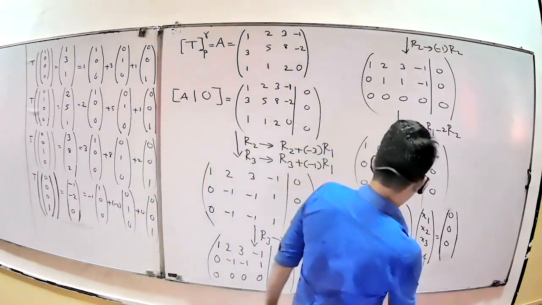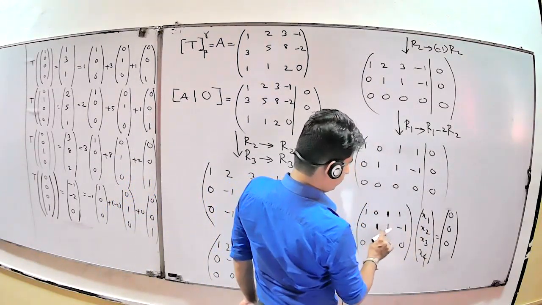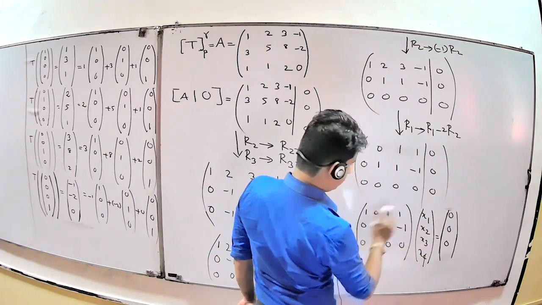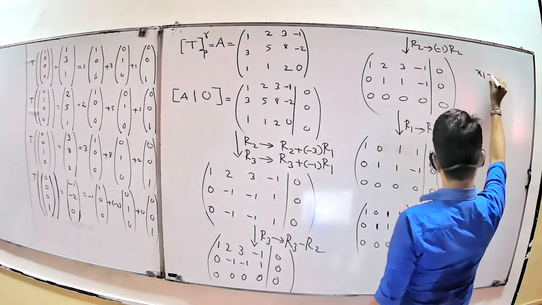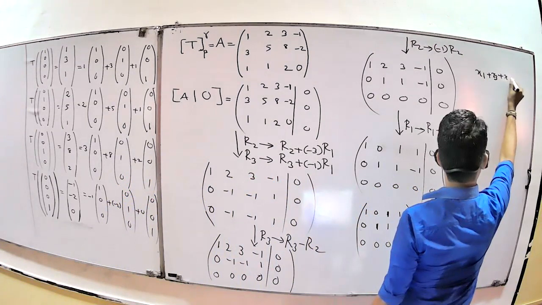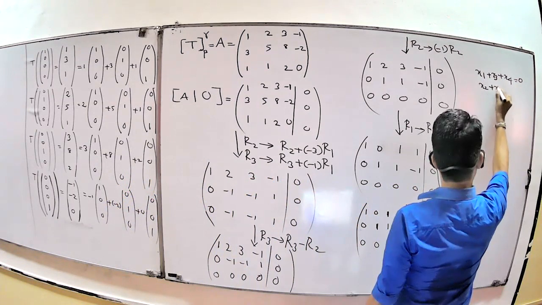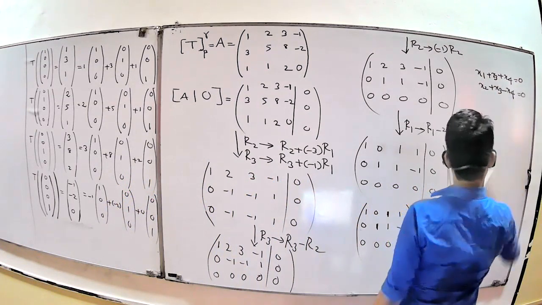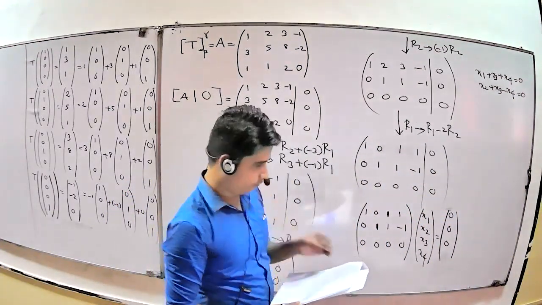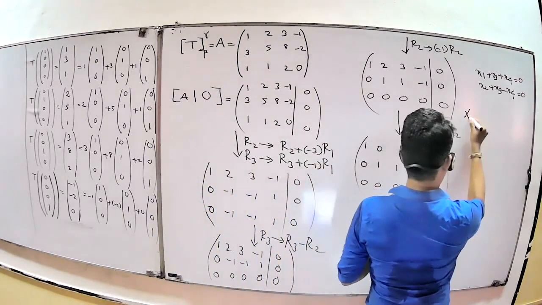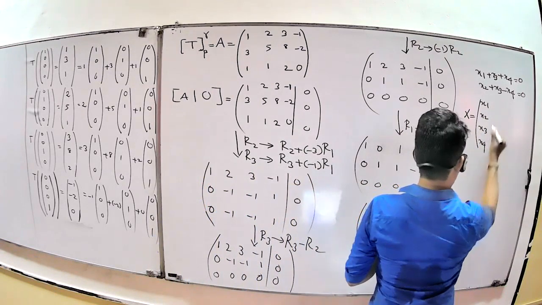Now from this one you can write x1 plus x3 plus x4 equals 0, and x2 plus x3 minus x4 equals 0. Then you can get two equations: x1 plus x3 plus x4 equals 0, x2 plus x3 minus x4 equals 0. You want to find x1, x2, x3, x4.